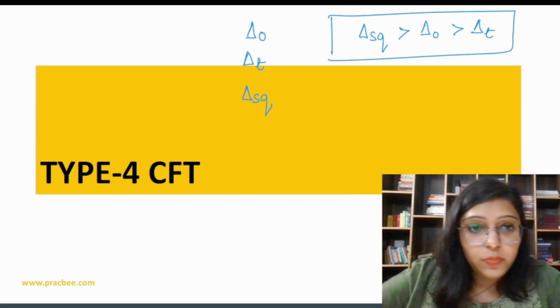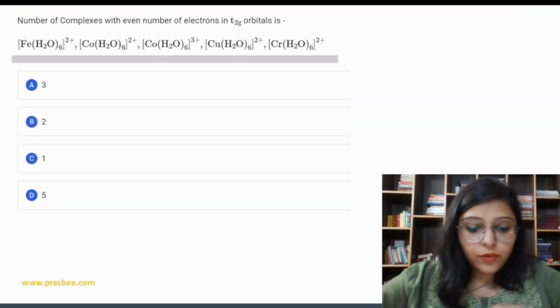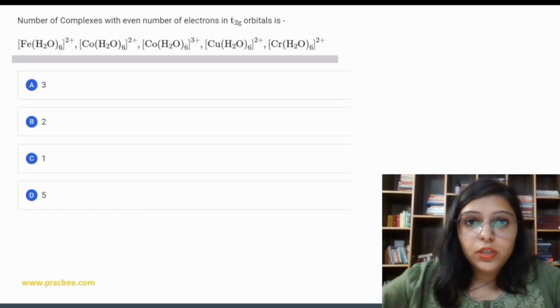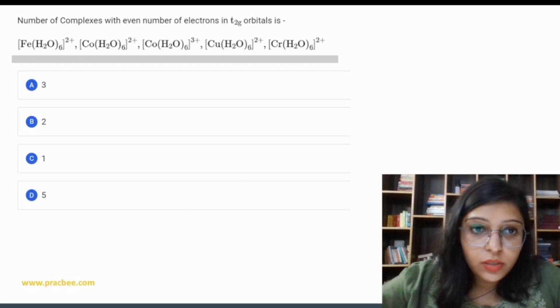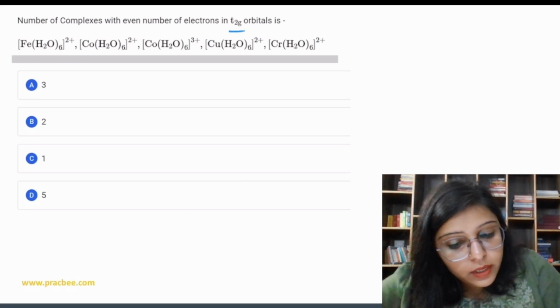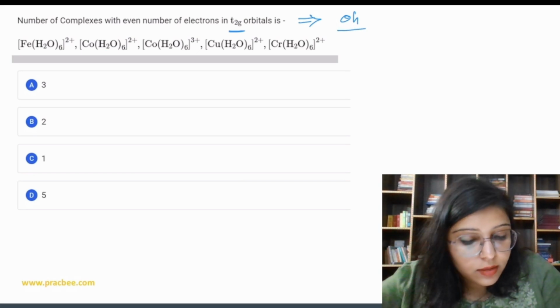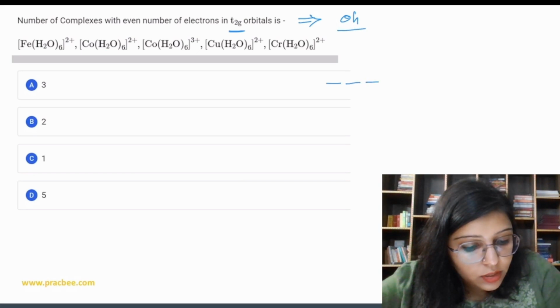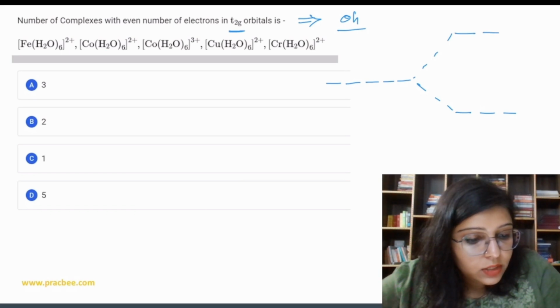Let's do some questions based on the CFT. Number of complexes with even number of electrons in t2g orbitals is, right, with even number of electrons in t2g. If t2g is given, it means the complex is octahedral. So in an octahedral complex we have degenerate 5 d orbitals, then splitting happens. We have t2g here and eg above. In eg we have dx square y square and dz square.